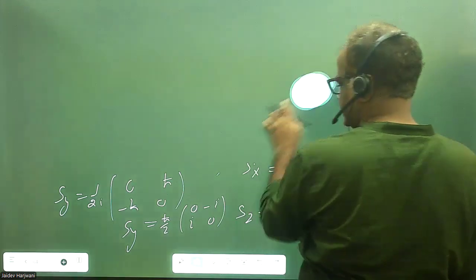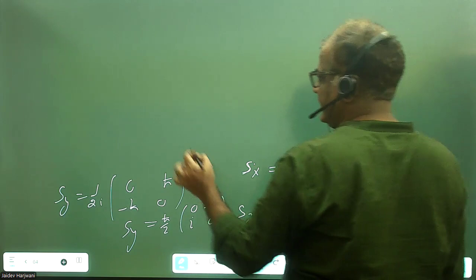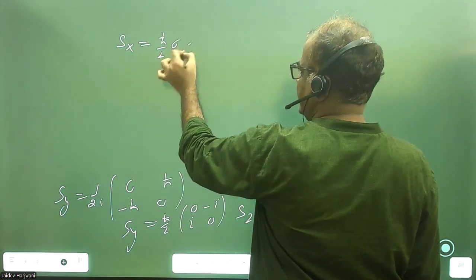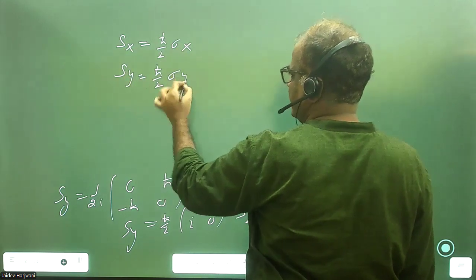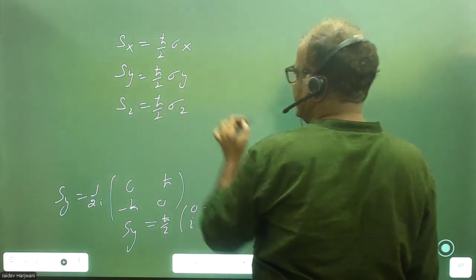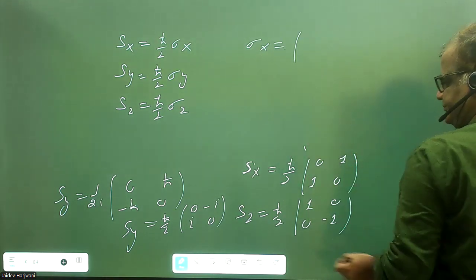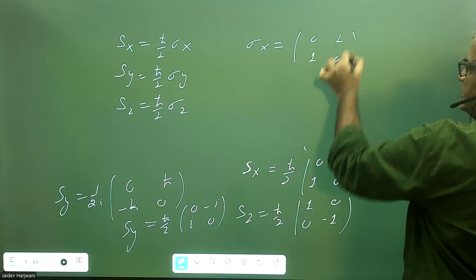So now I have all three: Sx, Sy, and Sz. Sx I can write as ħ by 2 sigma x. Sy I can write as ħ by 2 sigma y. Sz I can write as ħ by 2 sigma z. Now sigma x is what? Sigma x is 0, 1, 1, 0.